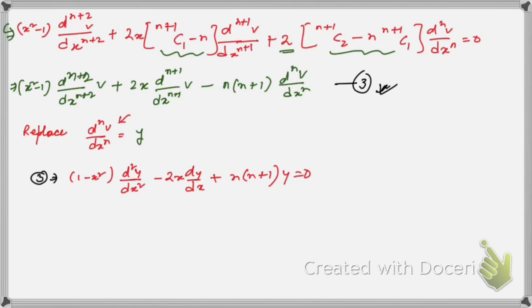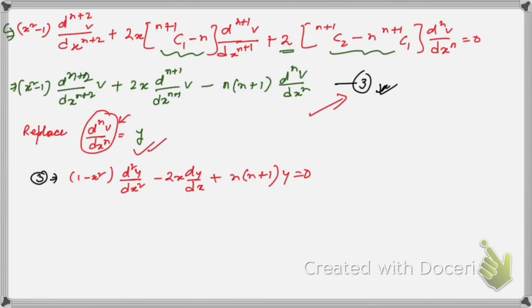So what we have done, we have replaced the nth order derivative of v by y, and we have multiplied -1 on both sides of equation number 3. So we have got this equation, which is nothing but Legendre's equation, right?